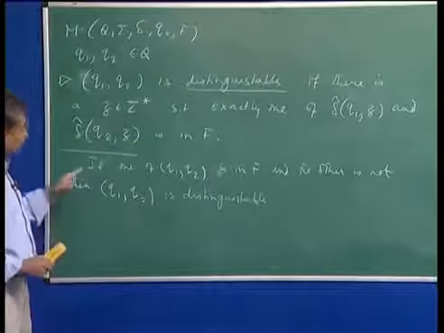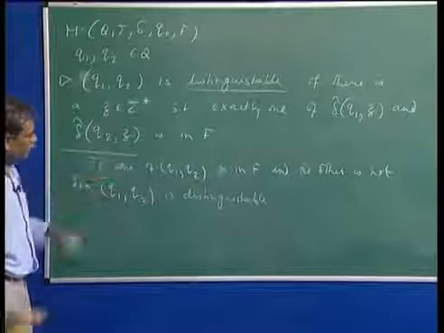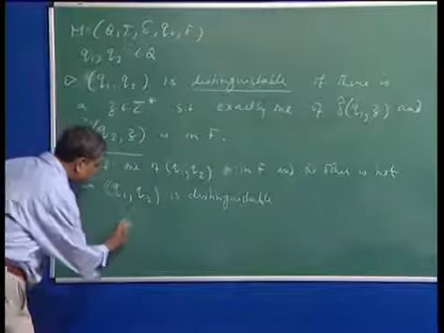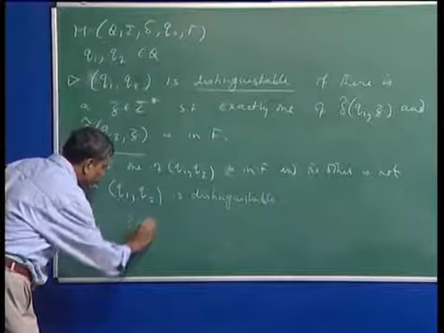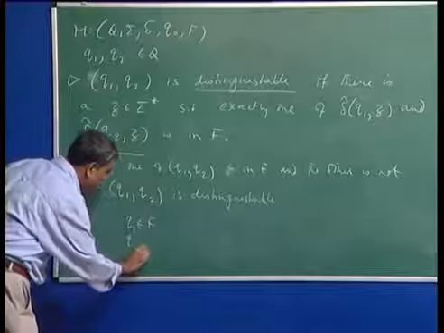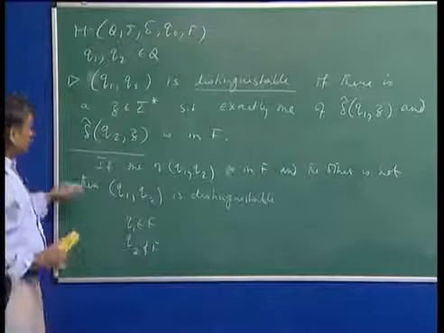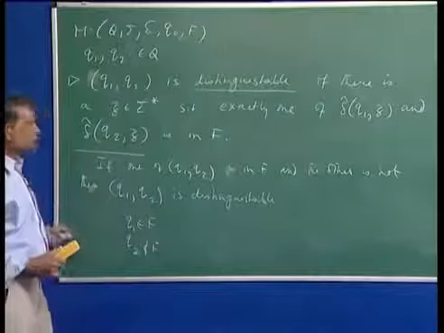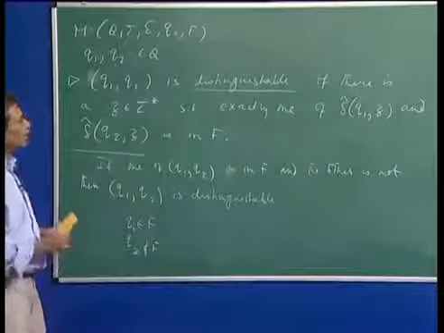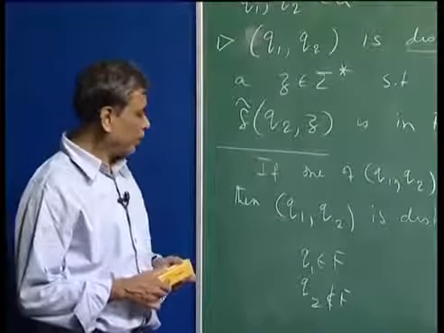Because in this situation, let us say Q1 is in F, one of the final states, and Q2 is not in F. Then this pair is distinguishable. That is because, consider z to be epsilon, the empty string.